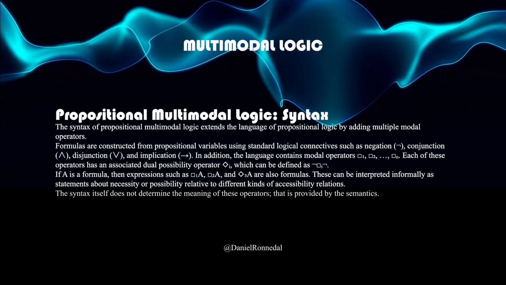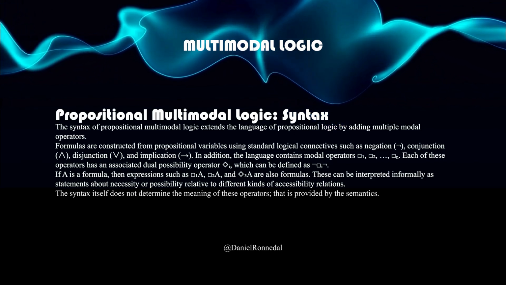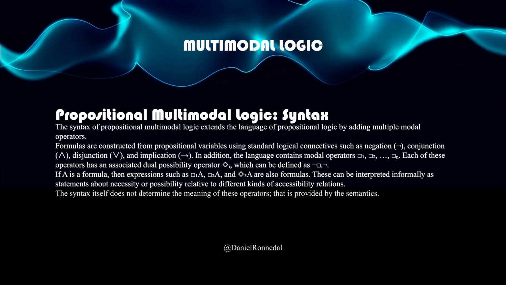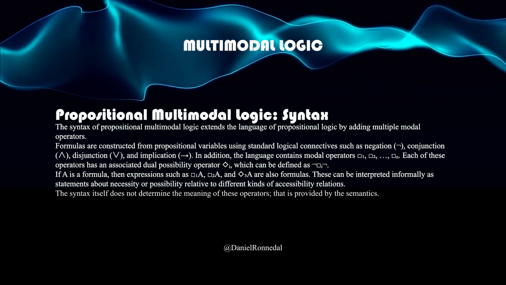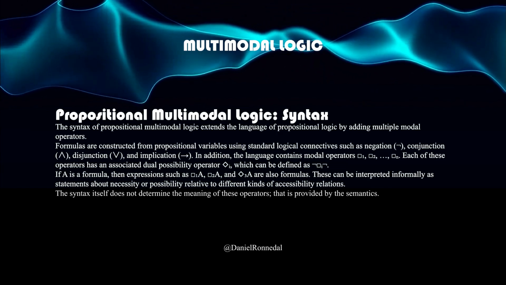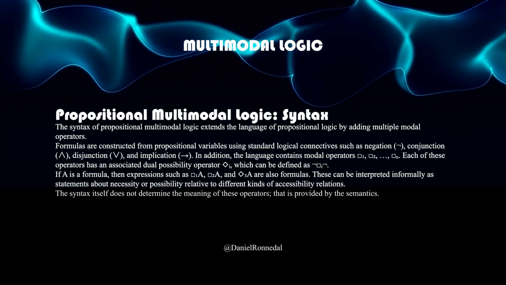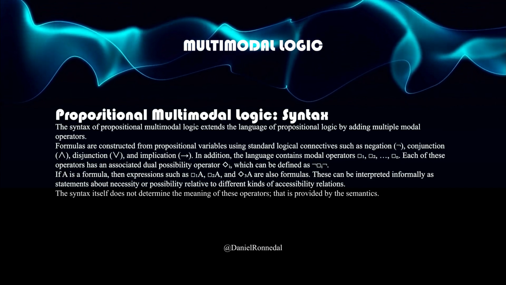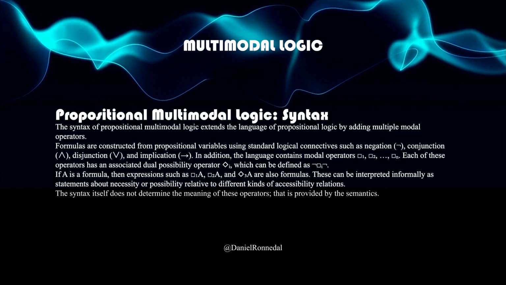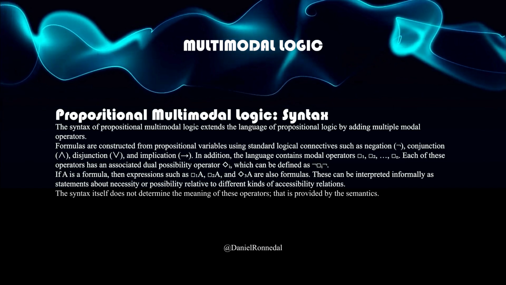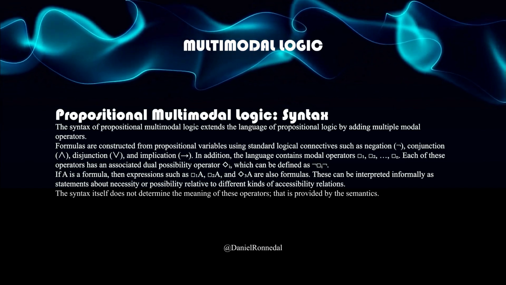If A is a formula, then expressions such as box 1 A, box 2 A, and diamond 3 A are also formulas. These can be interpreted informally as statements about necessity or possibility relative to different kinds of accessibility relations. The syntax itself does not determine the meaning of these operators; that is provided by the semantics.